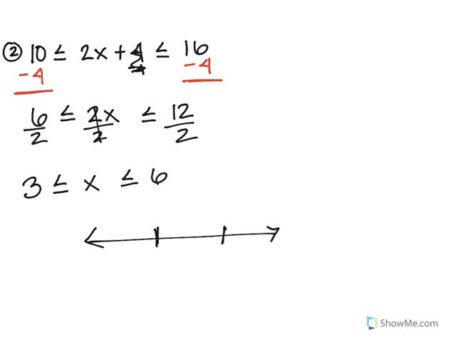Number line, 3 before 6. And our shade is where? In the middle. And what are my symbols? Brackets on both? Good.